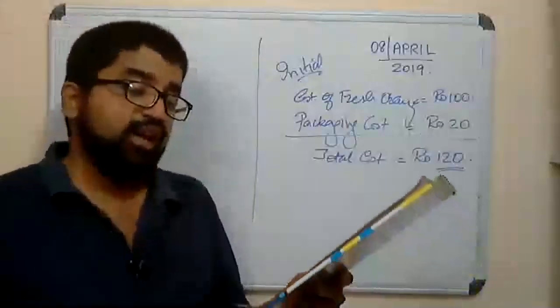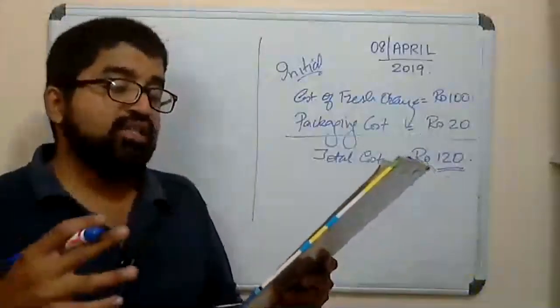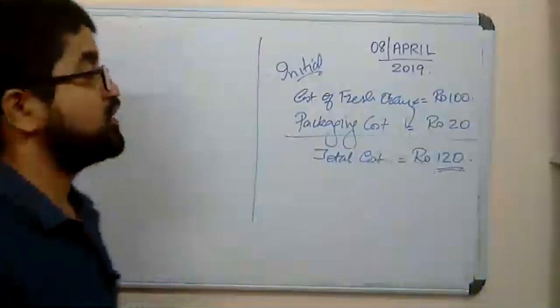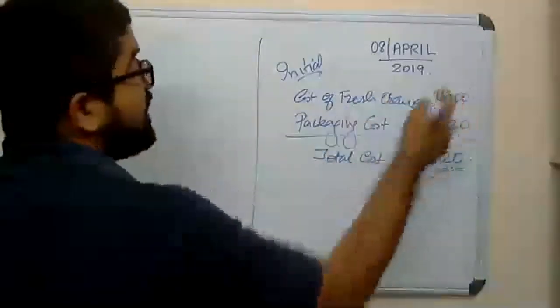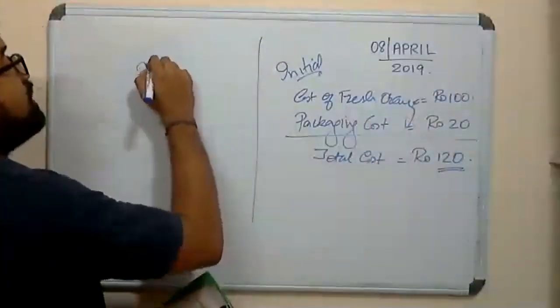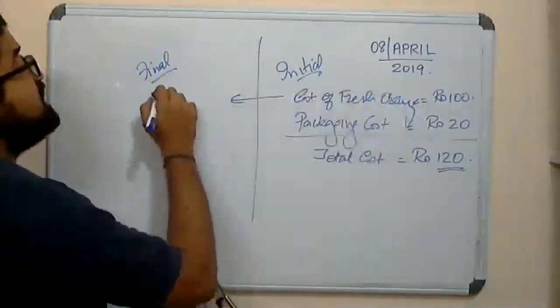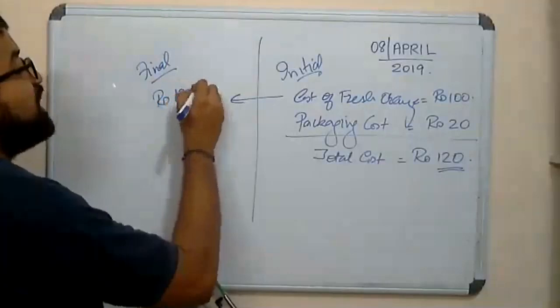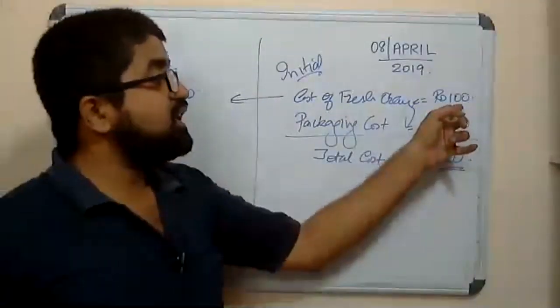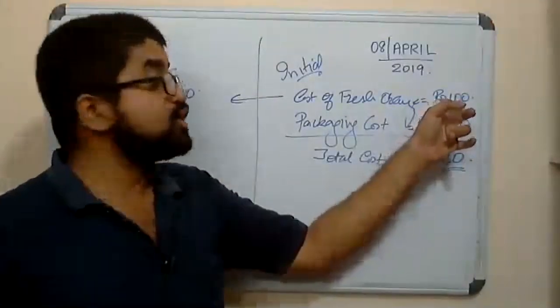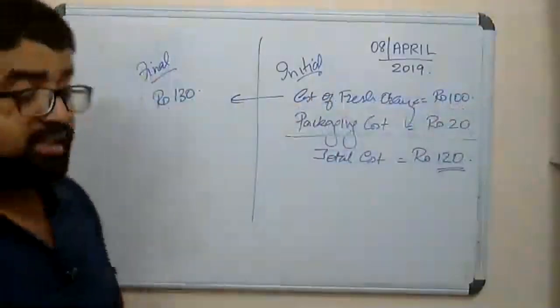Now it is given that the cost of oranges increased by 30%. So initial cost, we assume the value to be 100. So the revised cost of fresh oranges becomes rupees 130. 30% increase happens from 100, so 100 becomes 130.